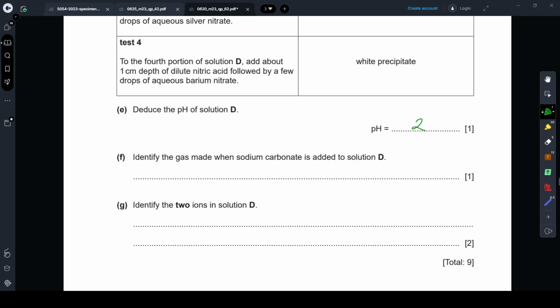Okay. Identify the gas made. That's CO2. Identify the 2 ions of solution D. We know it's acidic, so one is H+, and the second is the sulfate ion. How did you figure that out? Guts? I don't think guts will work over here.